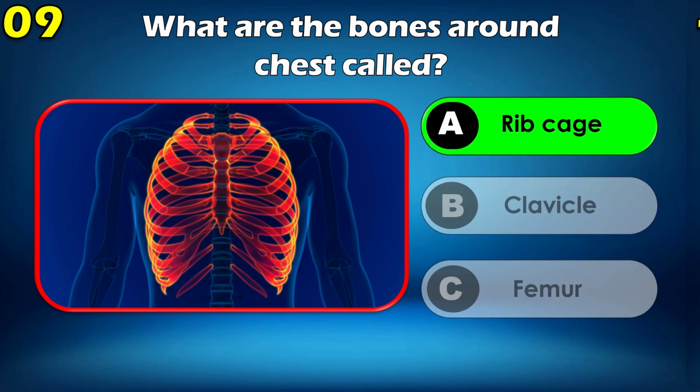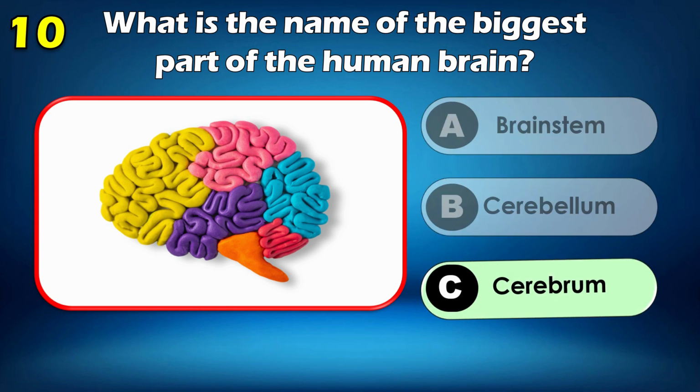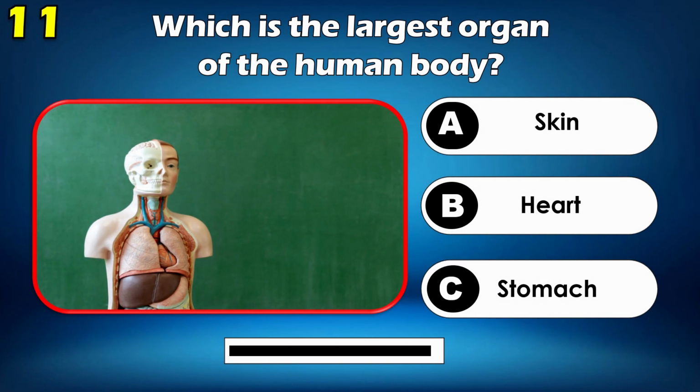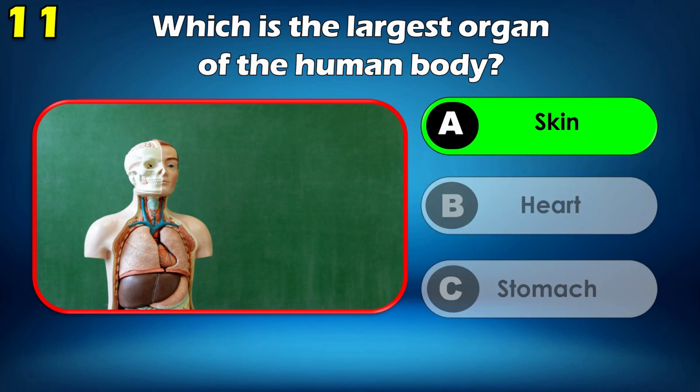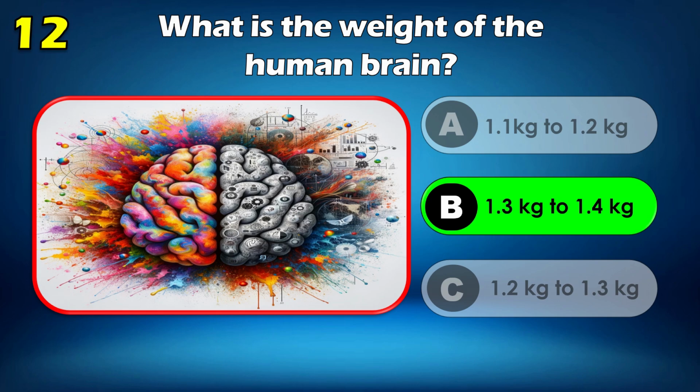Rib cage. What is the name of the biggest part of the human brain? Cerebrum. Which is the largest organ of the human body? Skin. What is the weight of the human brain? 1.3 kg to 1.4 kg.